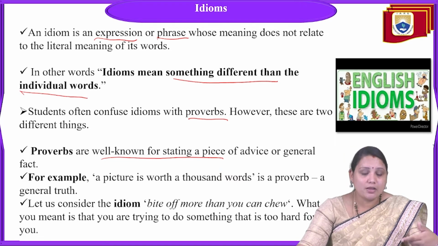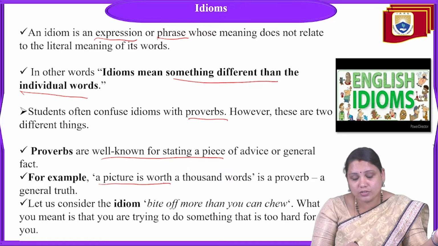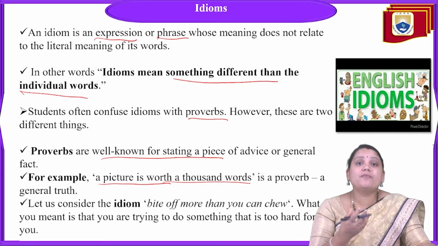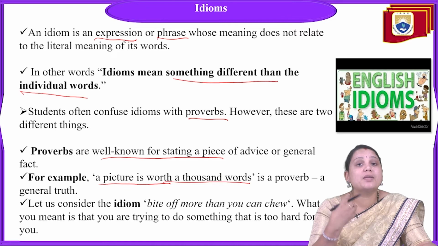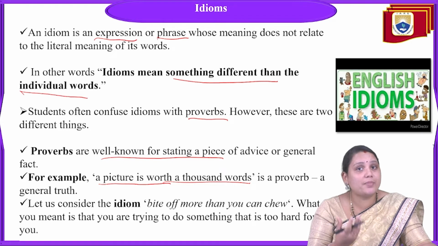For example, for a proverb: a picture is worth 1,000 words. That is, a write-up with 1,000 words may not be equal to a picture. Sometimes a picture renders the meaning more than 1,000 words. Of course, it is a message.